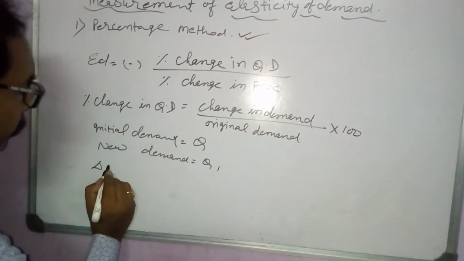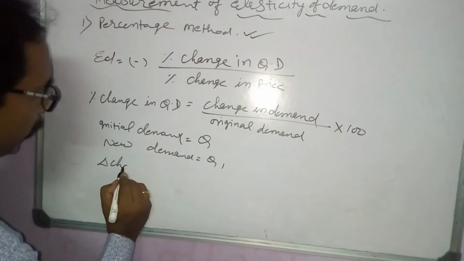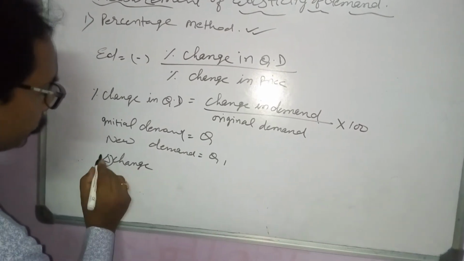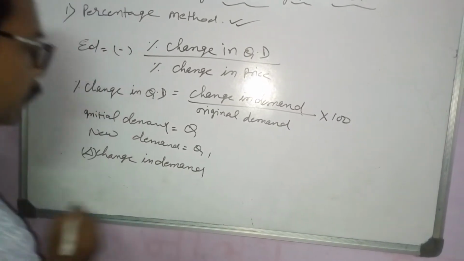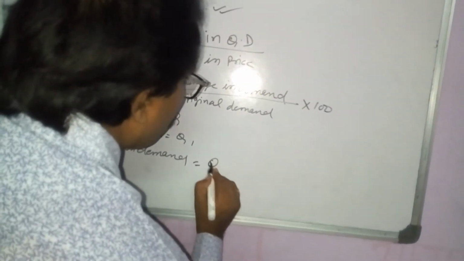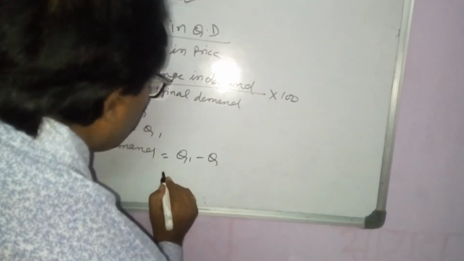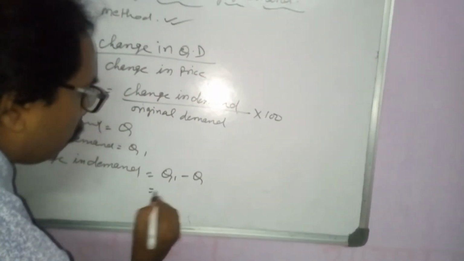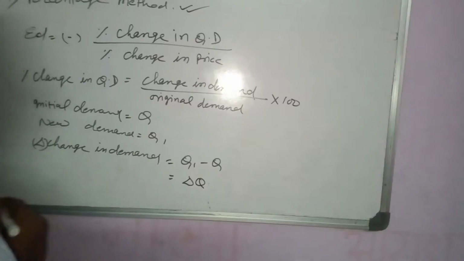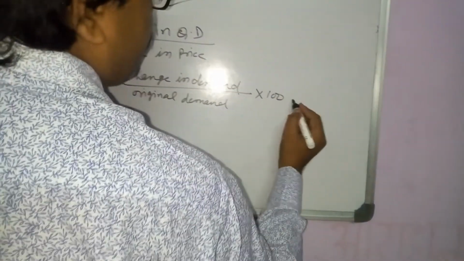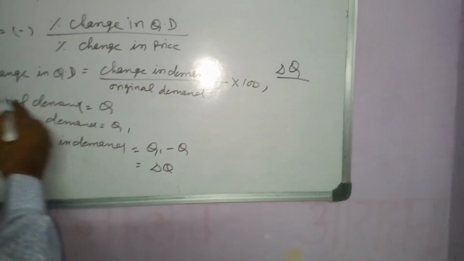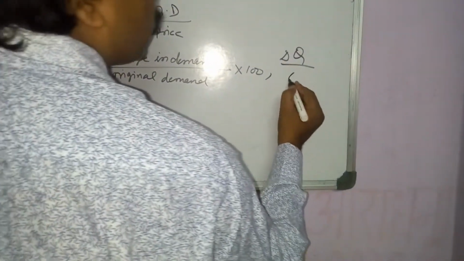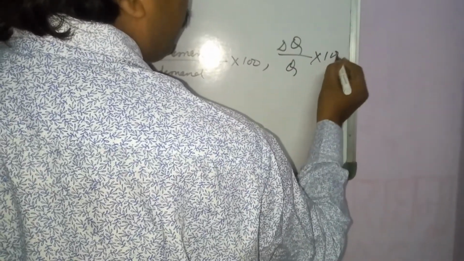So change in demand, denoted by delta, is equal to Q1 minus Q, which is equal to delta Q. Is it clear? So here we can write delta Q divided by original demand, that is the initial demand Q, into 100. This is the first equation.